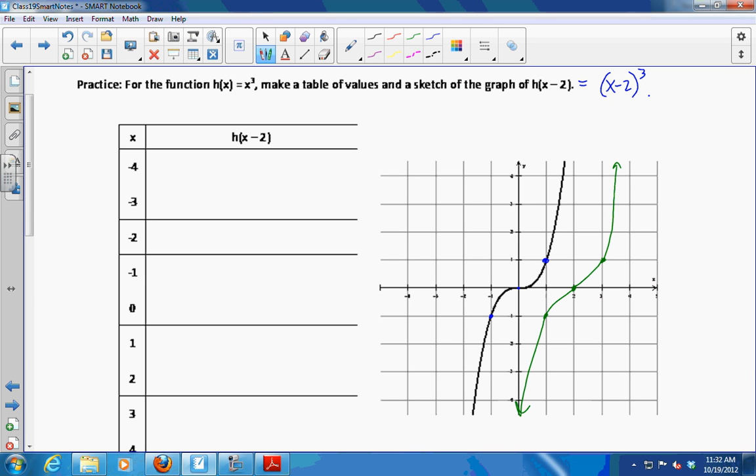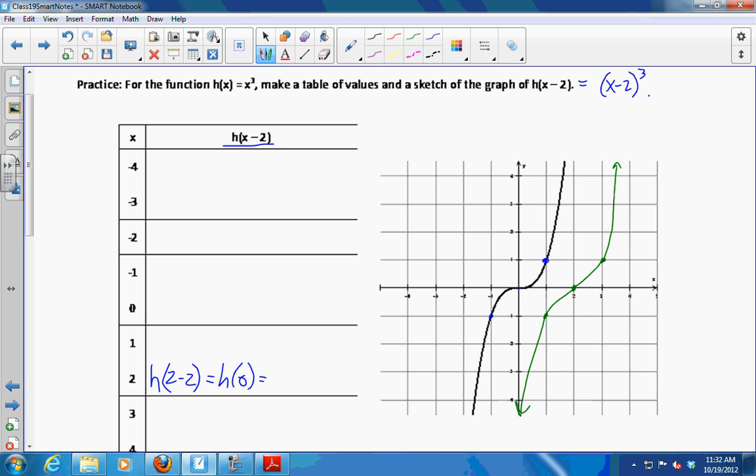And if you want, you can do a few points, right? Let's do 2. So if I want to see the value of y when x is 2, I have to plug 2 into here. So this would be h of 2 minus 2, which is h of 0.